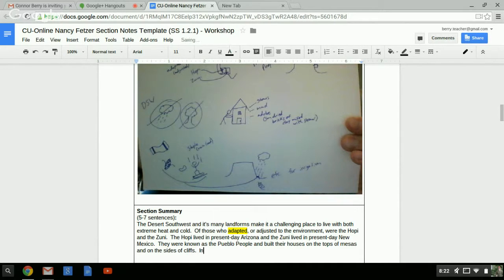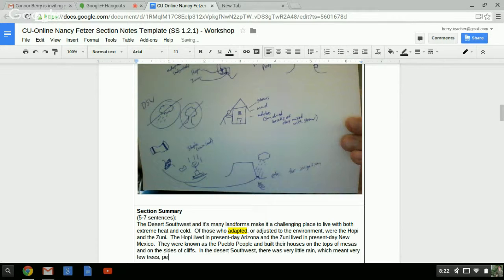Then we say in the desert Southwest, there was very little rain, which meant very few trees.